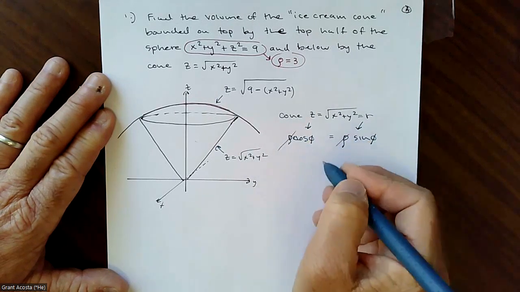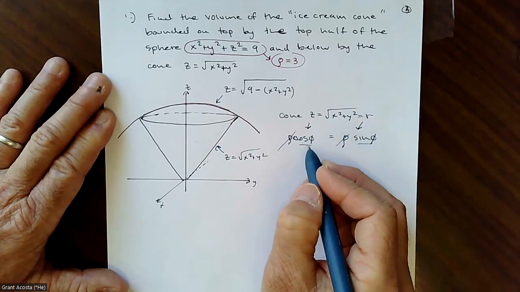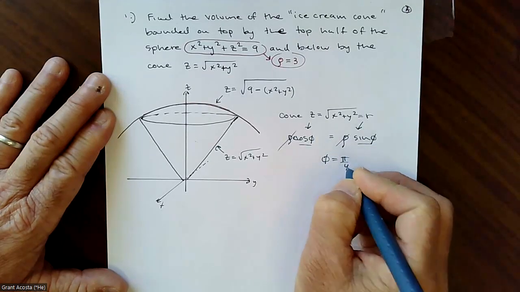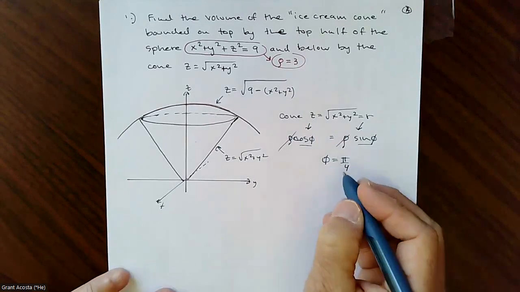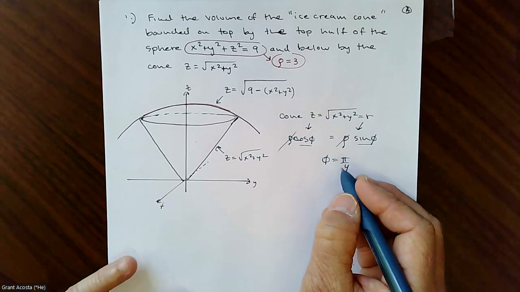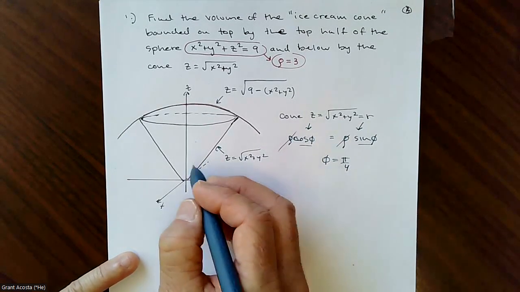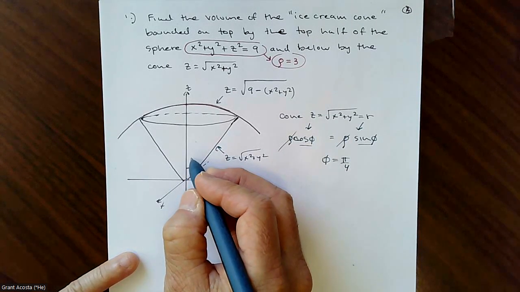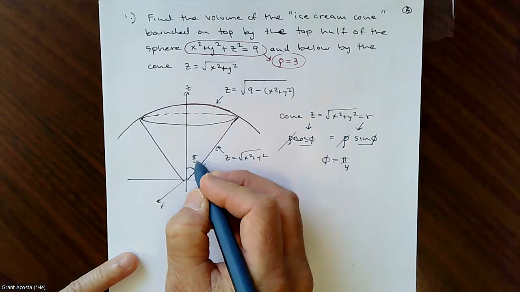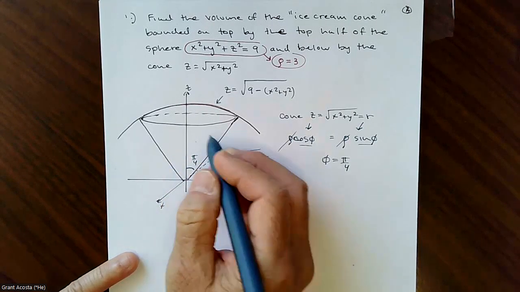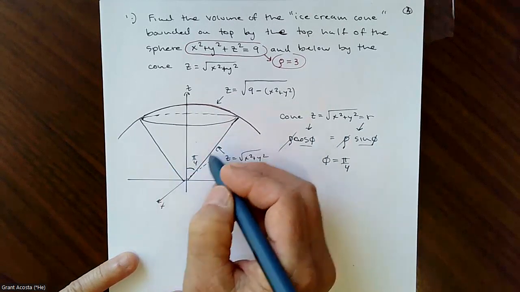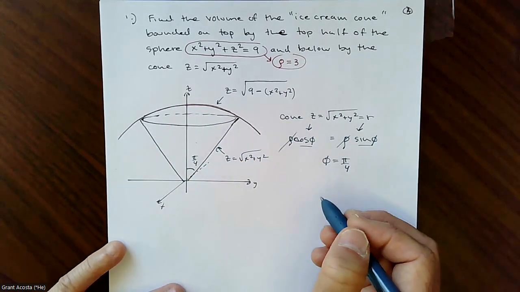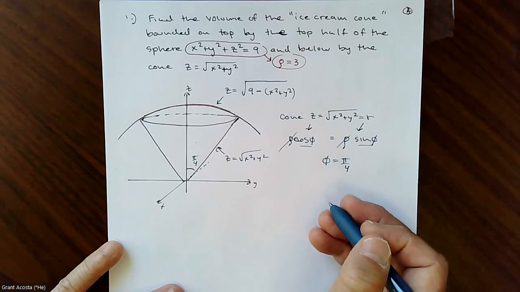You could cancel the rhos out, and the points where cosine of phi equals sine of phi is phi equals pi over 4. So in spherical coordinates, this cone makes an angle of pi over 4 with the z-axis, and you rotate all the way around. Every point on the cone is just pi over 4 away from the z-axis, and you just rotate around.